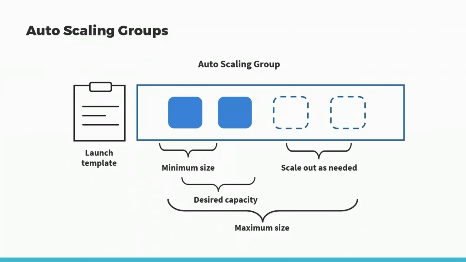Then you decide how you're going to scale out, either dynamically or predictively. And then what's your maximum size? And that's important. You don't want to scale out beyond a certain number of instances, since at some point it becomes cost prohibitive. No organization will scale out to infinity. You can use CloudWatch along with auto-scaling groups to help determine your desired capacity, your minimum size, and how to scale out.